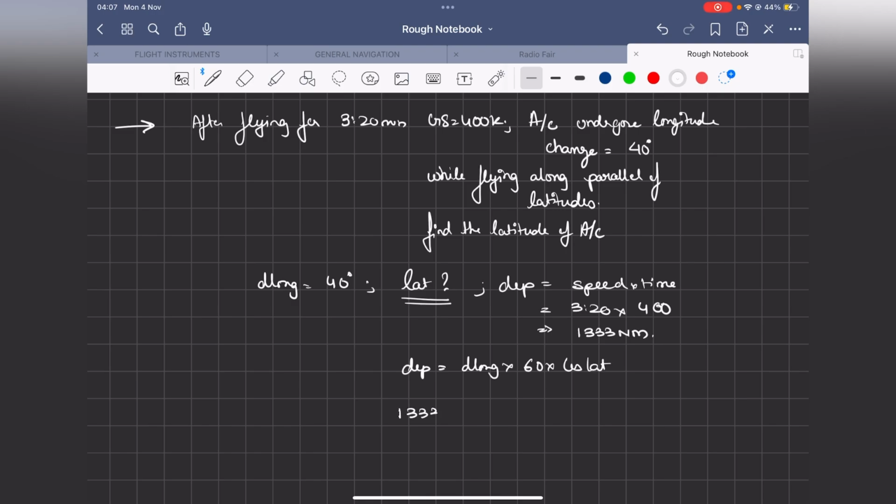Departure I know is 1,333. D long I know is 40. This I know is 60. This I don't know. I don't know cos of lat. So 1,333 divided by 40 into 60 is equal to cos of my latitude. So what do I get? I get cos inverse of 1,333 by 40 into 60, whatever that number comes. When I put my cos inverse function, I'll get my latitude to be 56 degrees 15 minutes.